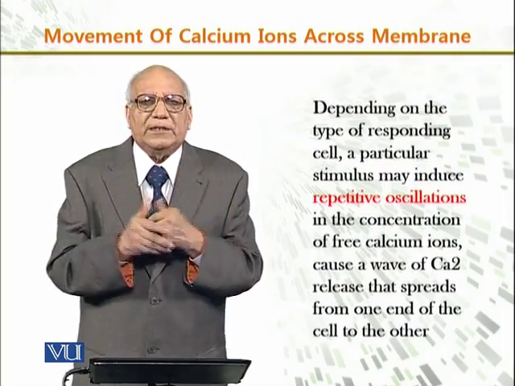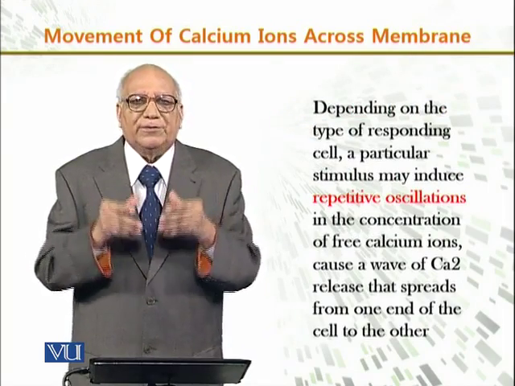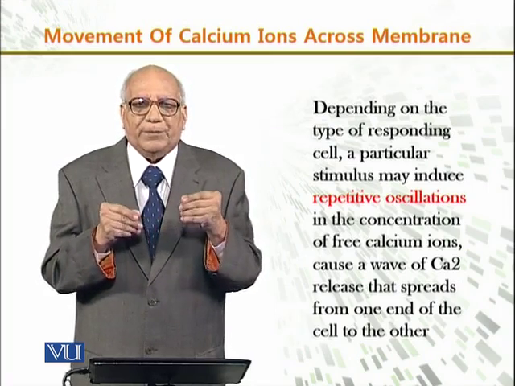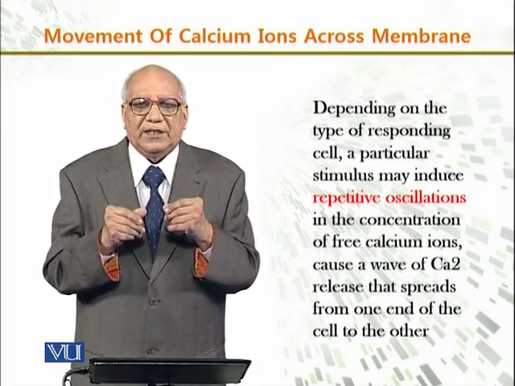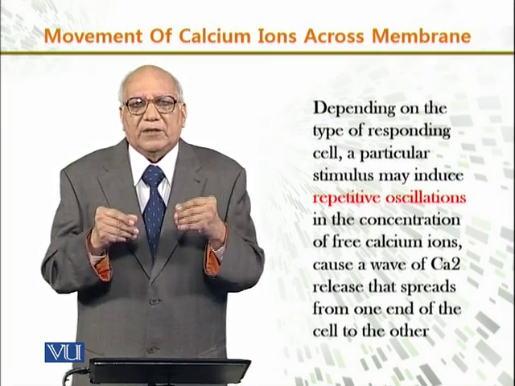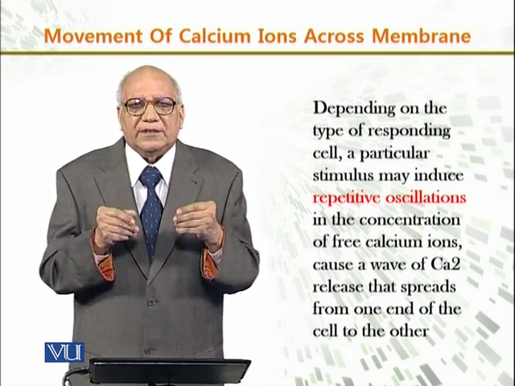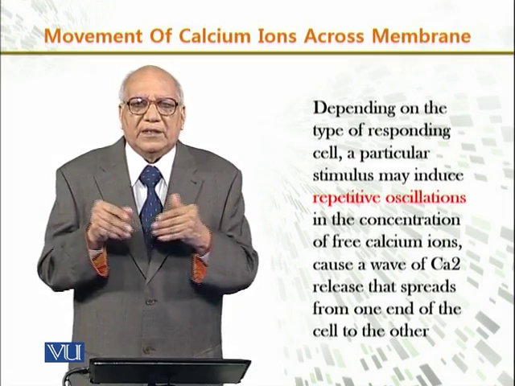Now, depending upon the type of responding cell, different cells respond differently to calcium. A particular stimulus may induce oscillation in the concentration of the free calcium ion. Oscillation means it is not that the calcium is constantly going in or going out.